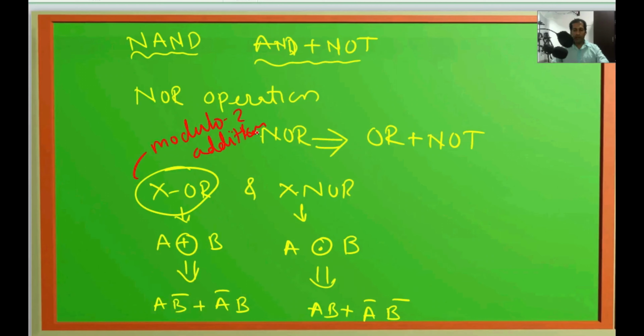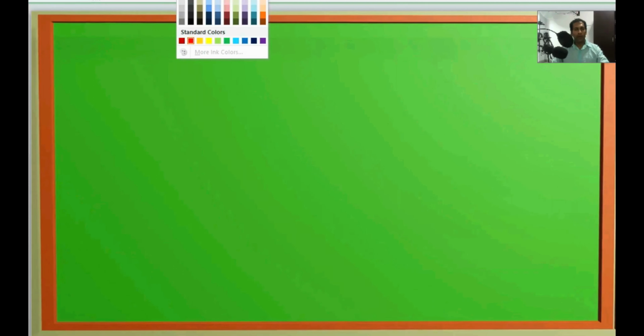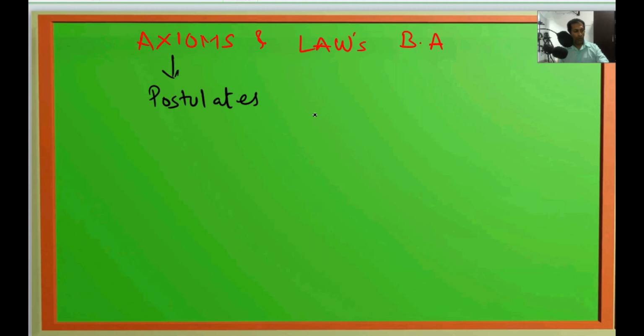Now let us see a few axioms and the laws of Boolean algebra. Axioms, or postulates of Boolean algebra, are a set of logical expressions that we accept without proof and upon which we can build a set of useful theorems.